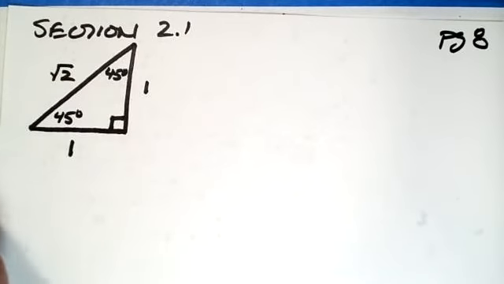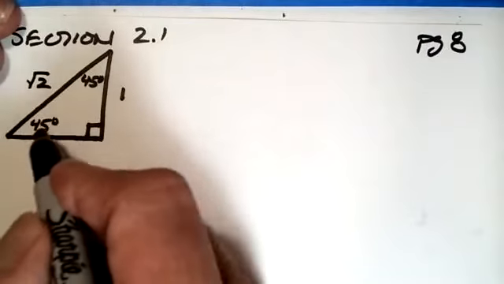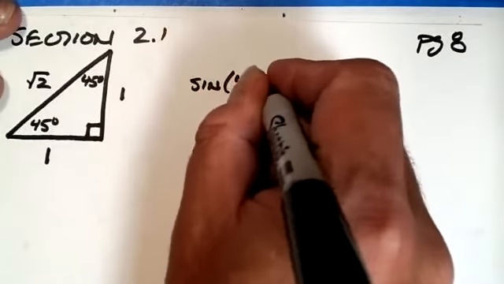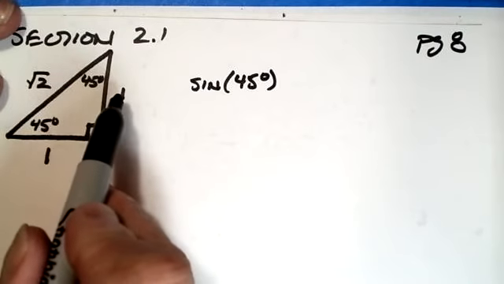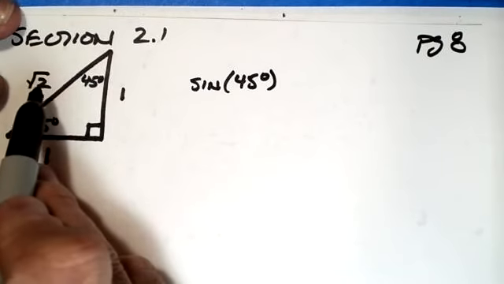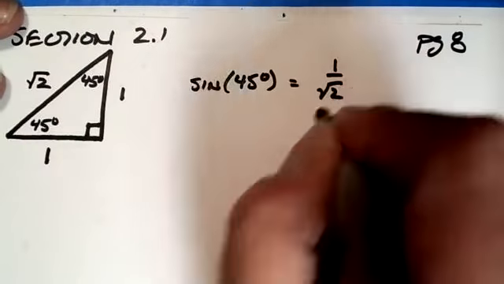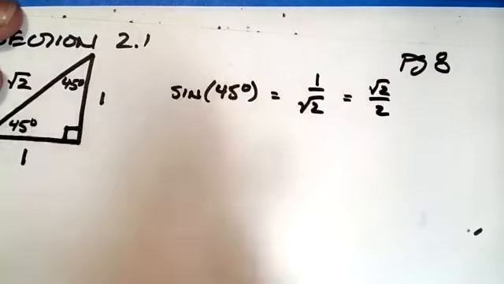So now I can start talking about what the trig functions are. It doesn't really matter which angle you pick. The sine of 45 degrees, let's just pick this one, is opposite over the hypotenuse. So that's 1 over square root of 2, which simplifies to square root of 2 over 2.